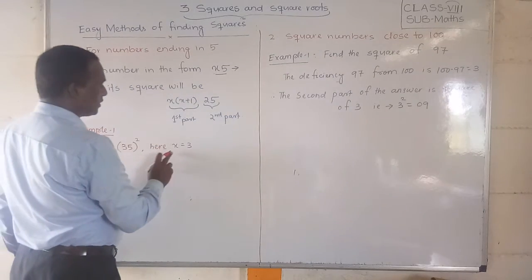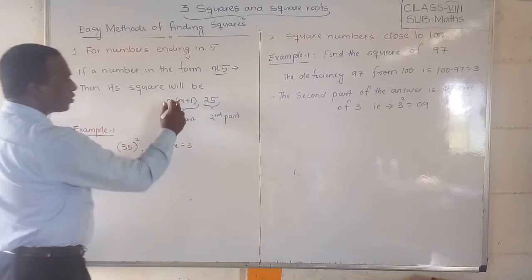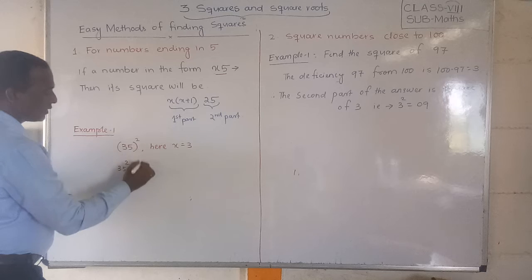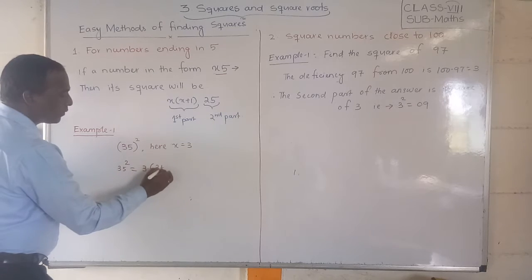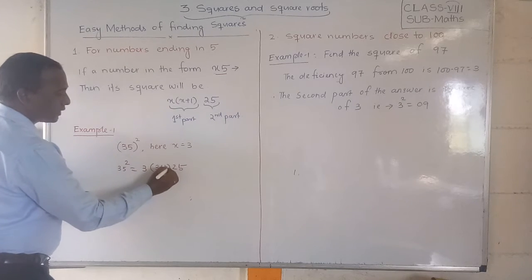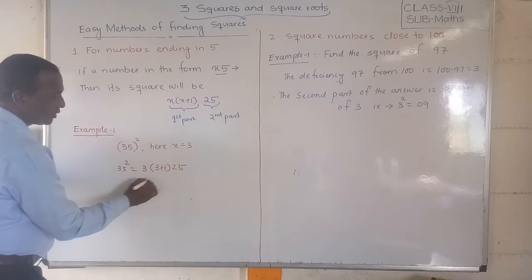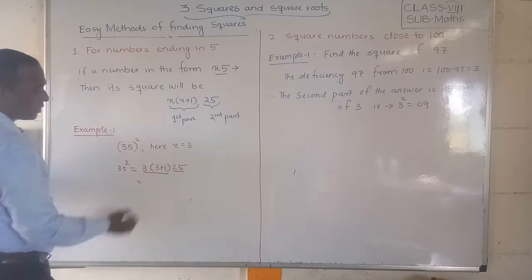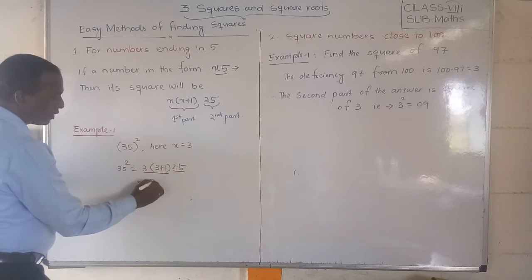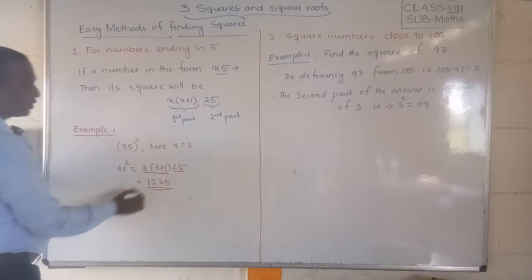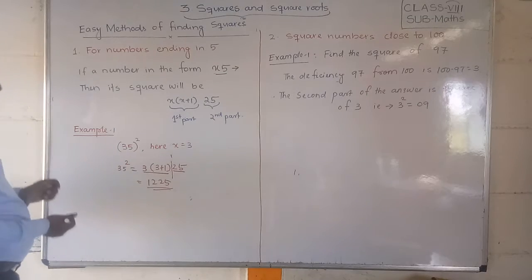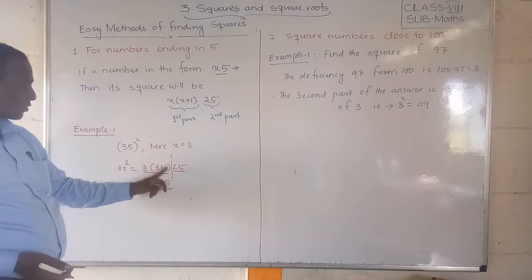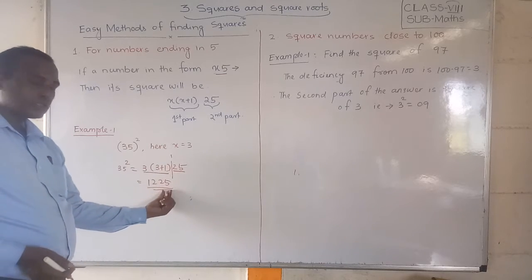Suppose 35 squared: here x is 3, so 35 squared is 3 into (3 plus 1), then 25. That is 3 into 4, 12, then 25. This is the first part, and this is the second part.